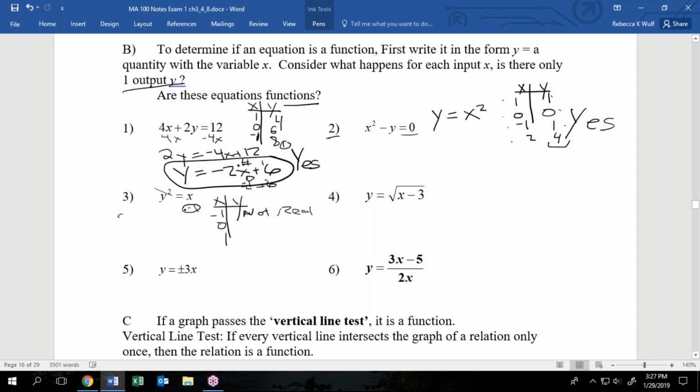Okay, what about when x is 0? Well, the only thing that's square that's 0 is 0, right? What squared equals 1? 1. Okay, but here's where we run into an issue. There's another value when squared that equals 1.